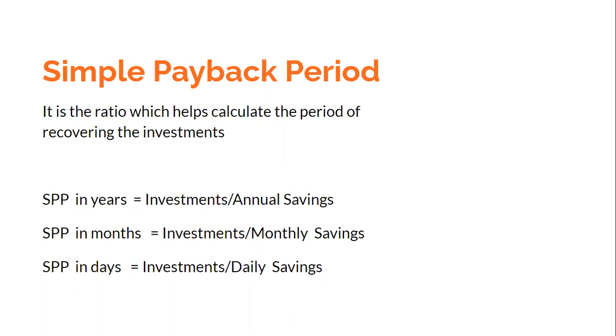Similarly, if we divide the investment by the monthly savings, that would give us the simple payback period in months. And now it would be obvious that if the simple payback period is to be expressed in days, then we need to consider daily savings in the denominator. Note that every time the numerator would be the initial investment, the capital investment made for a particular proposal.